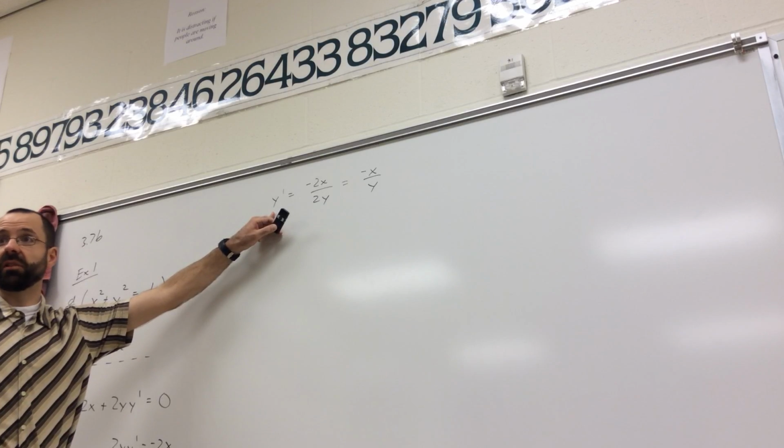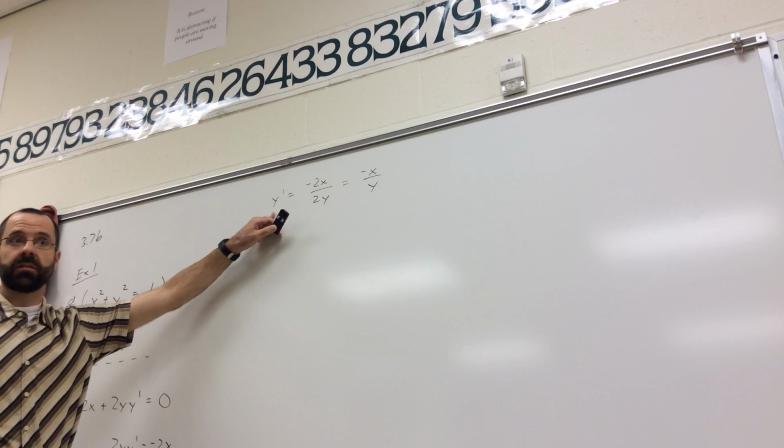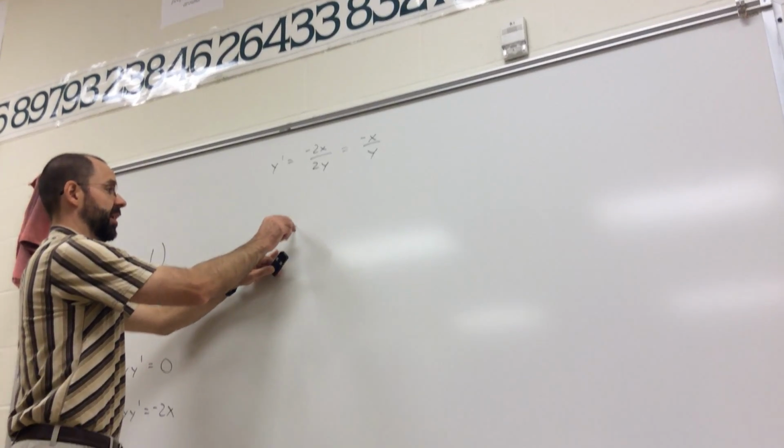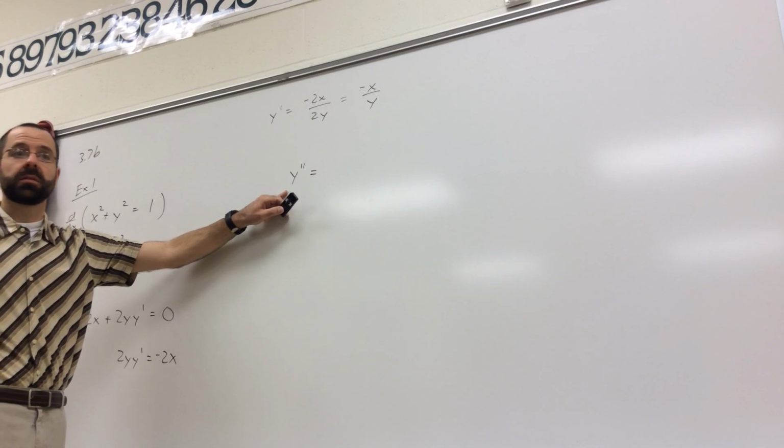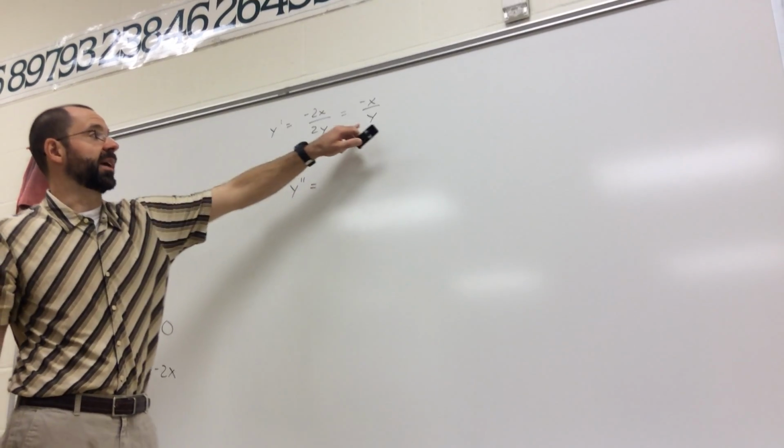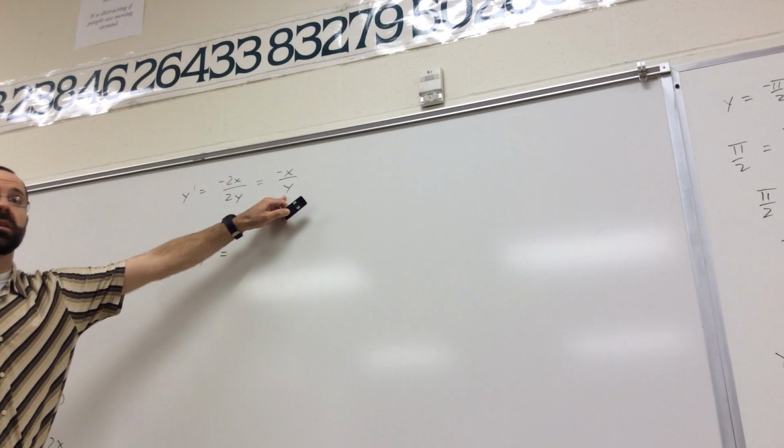Then to figure out the second derivative, I need to take the derivative again. So when I take the derivative again, I'm going to get the second derivative. So that's called y double prime. When I take the derivative of this, it's a quotient rule.